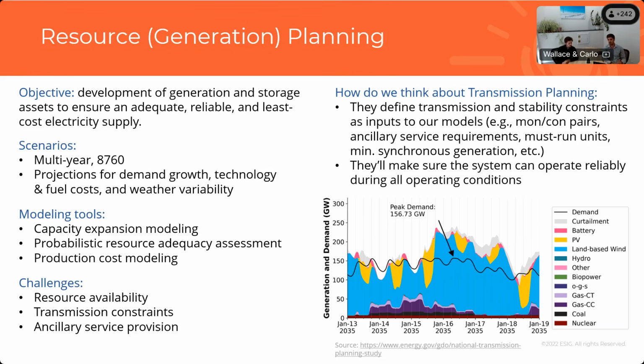So I'm talking about considerations such as MONCON or monitor contingency pairs, so security constraints. So I want to make sure that when I model the optimal operation of the system, I'm doing it in a way that is secure against potential contingencies in the system.